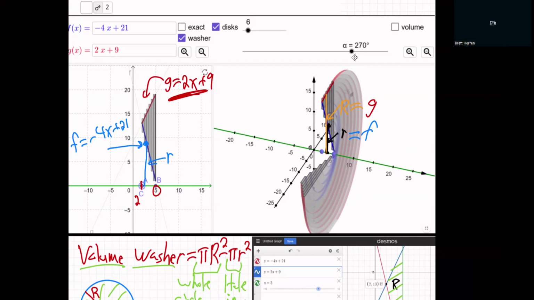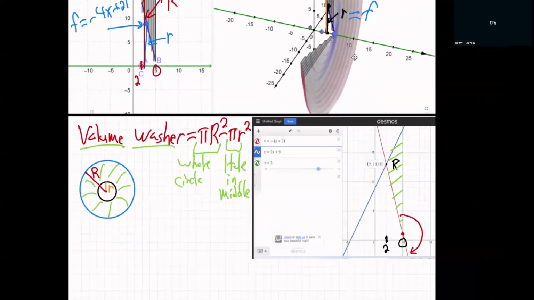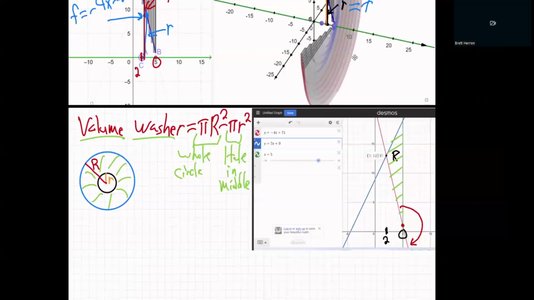Whereas big R goes all the way up to G. So little r is F. That order matters, so you've got to get that order right.